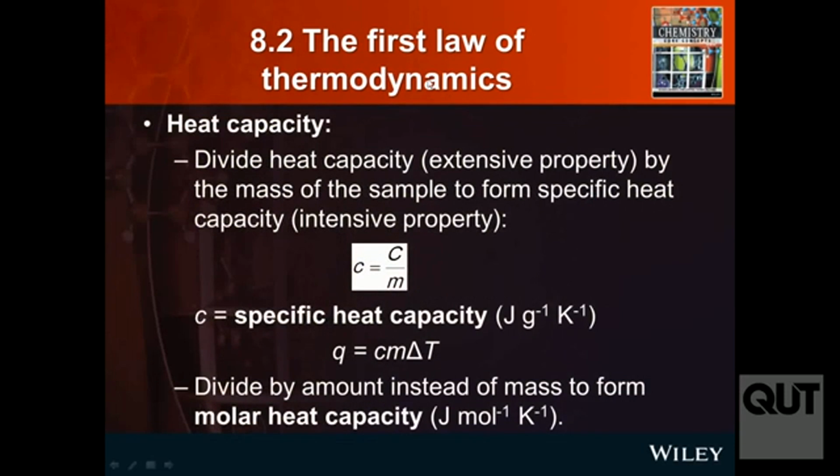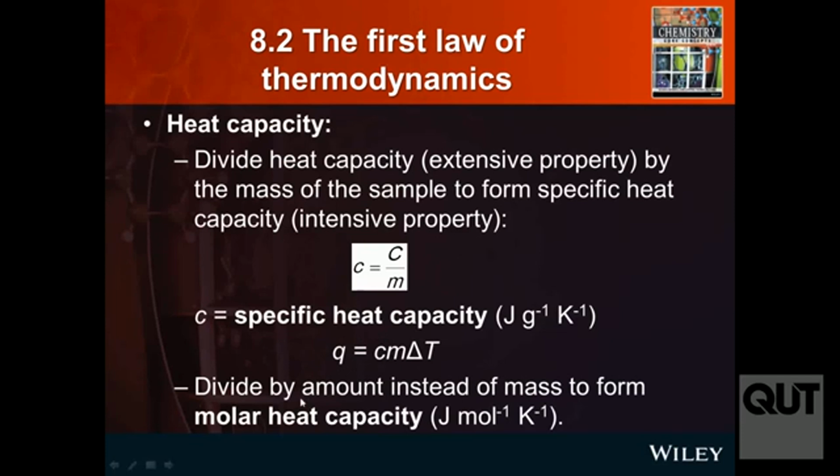What we can do is change it from an extensive property by dividing through by the mass of the sample to get what's called the specific heat capacity, or sometimes called the specific heat. And now what we've got is joules per gram per Kelvin, and then Q is equal to the little c, which is the specific heat, times the mass times delta T, the change in temperature.